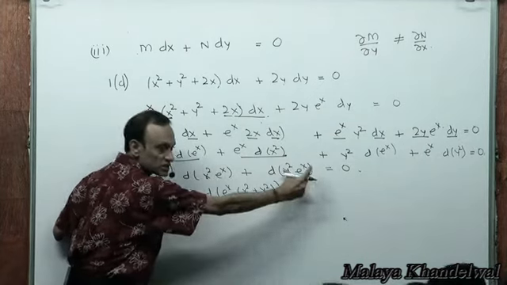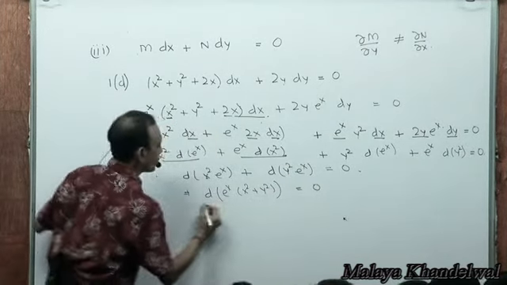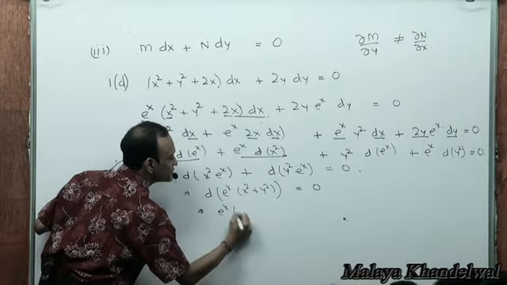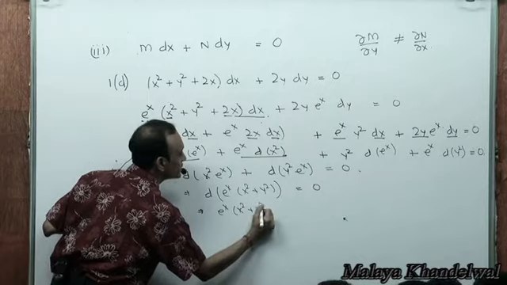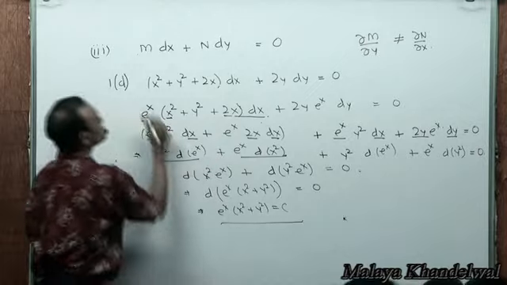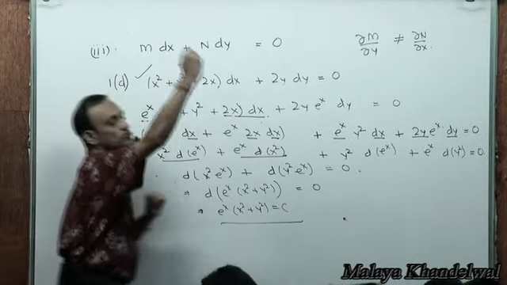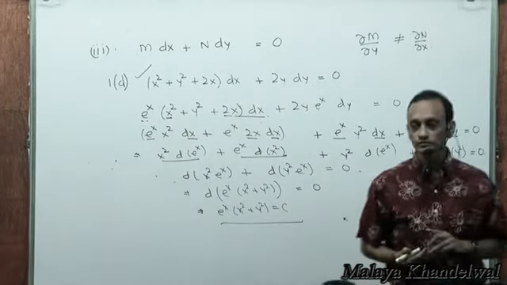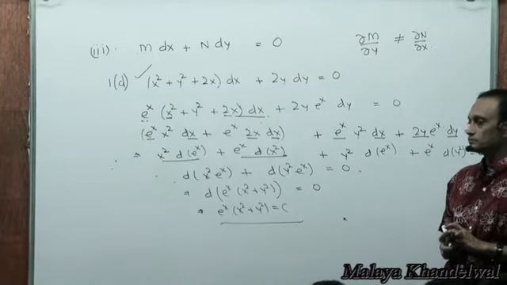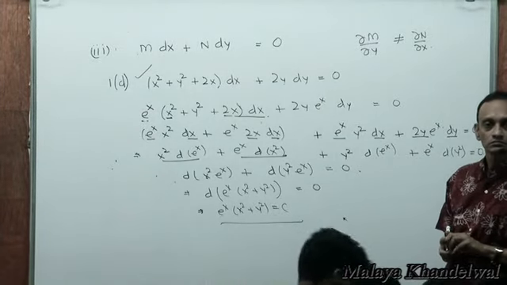D of this equal to 0, or we must have e power x into (x squared plus y squared) equal to a constant. That's the solution to this differential equation. Yes or no?